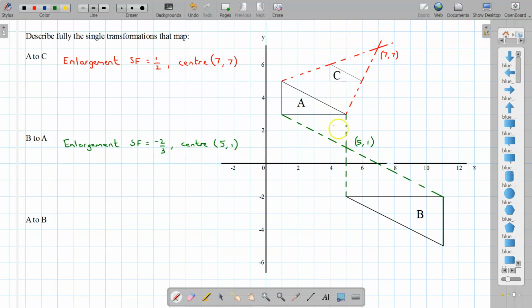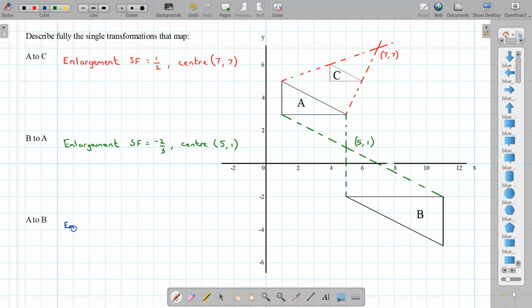Because it's 2/3 of the size that it was when it was over here, that's where the 2/3 comes from. Now if you were to go the other way round, from A to B, I'll do this in blue, although it'll be the same ray lines.